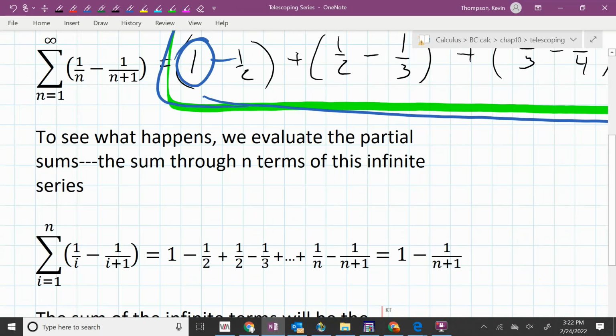All I did here was change the index to i, just because it's a little confusing to have n's in multiple places, but it doesn't change the logic of what we're doing. So the sum of the n terms would be 1 minus 1 over n, plus 1.